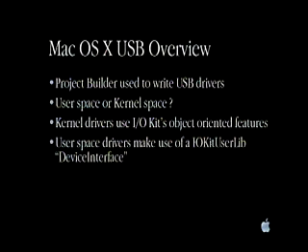If you are in the kernel, you will be able to use IOKit's object-oriented features. So for example, if you are writing a driver that is going to be a subclass from our mass storage driver, you will only have to write the methods that you're overriding to implement your device-specific features.